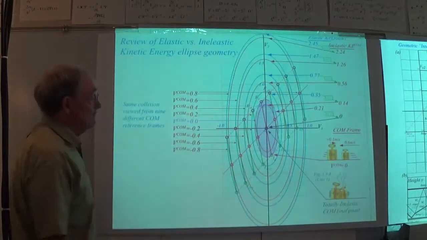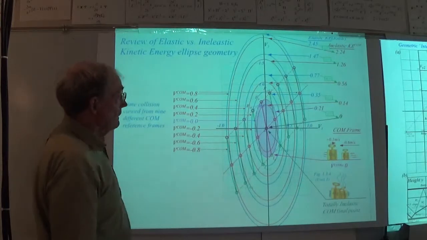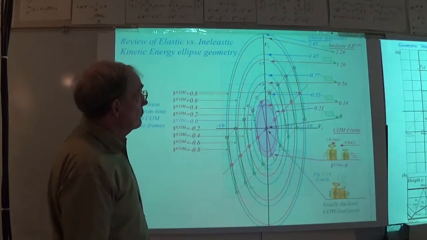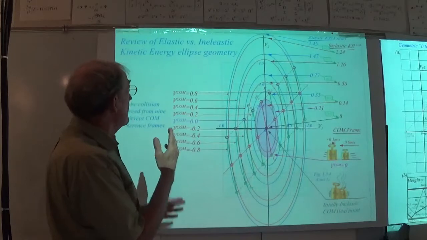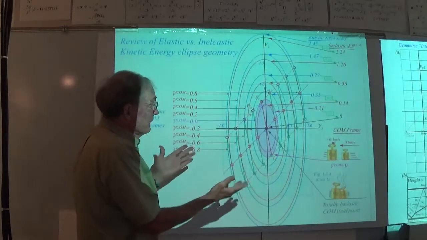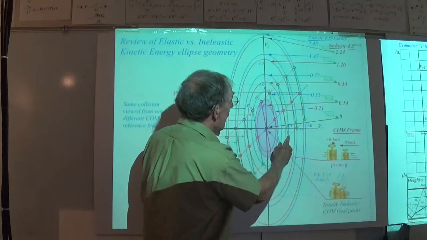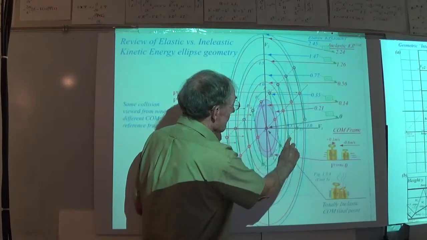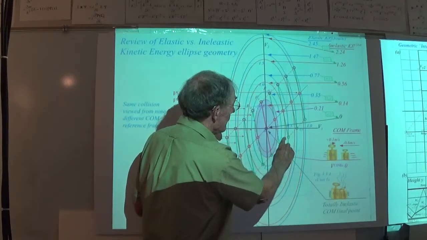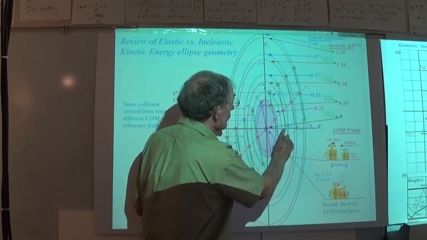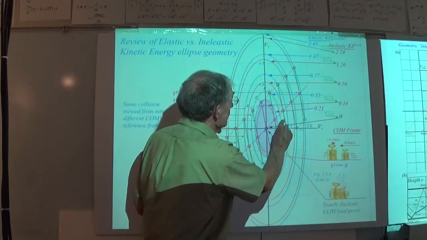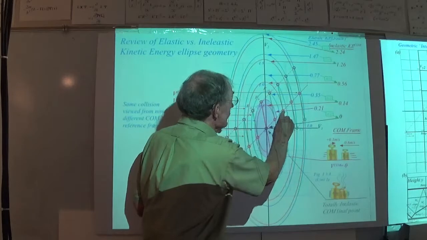This is the second half of it, but I've added some things here to make it a little clearer. I just want you to see a collision. This is a stiffer collision. We're talking about something that has a mass ratio of 1 to 6.